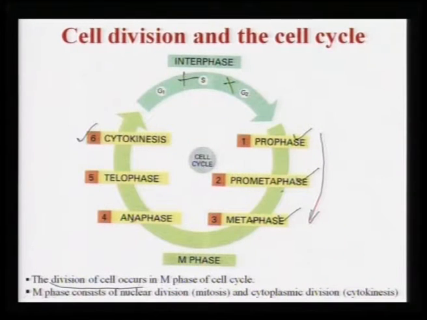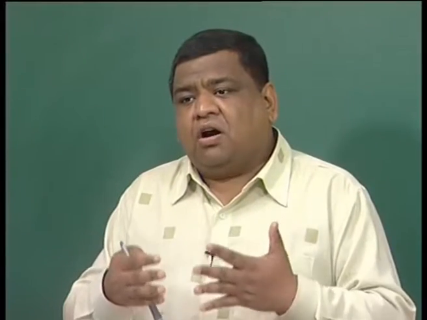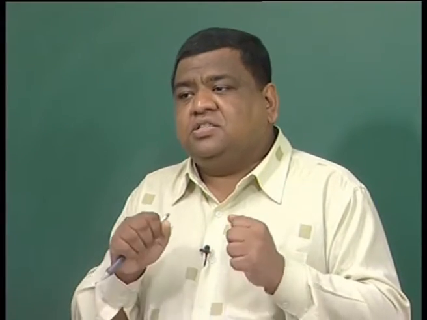Essentially, division of the cell occurs in the M phase, but the G1, S, G2 phase is the interphase process when the cell prepares itself for undergoing mitosis, and therefore this preparation phase is important for the cell cycle. If the cell cannot pass through G1, S, G2, then it cannot enter the M phase and cannot undergo cell division.